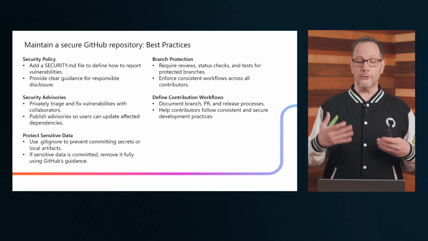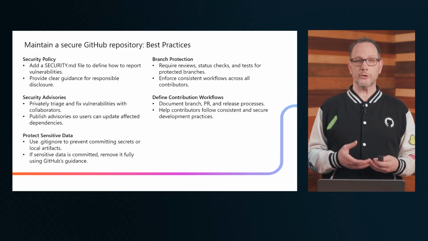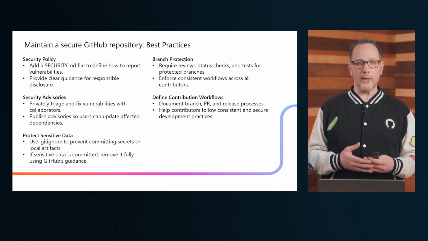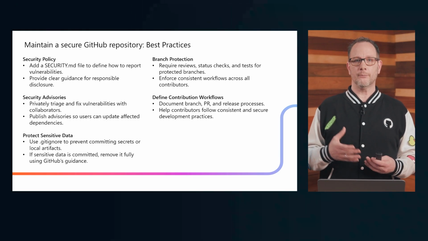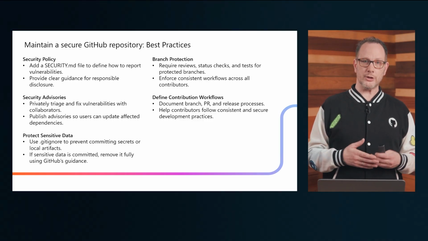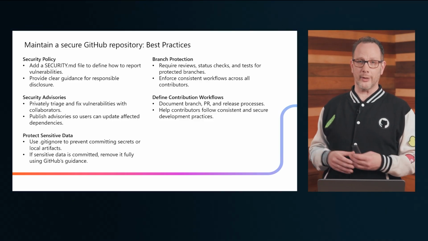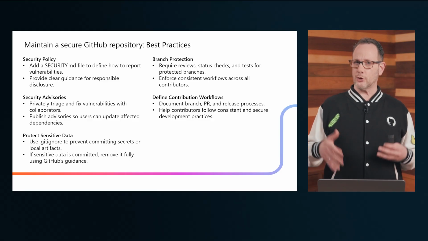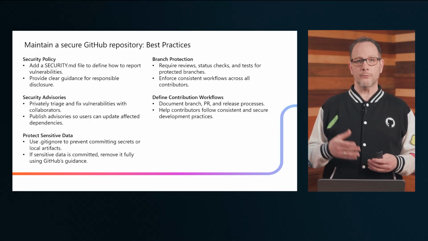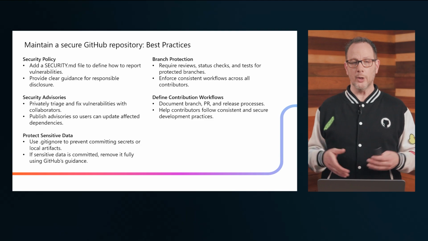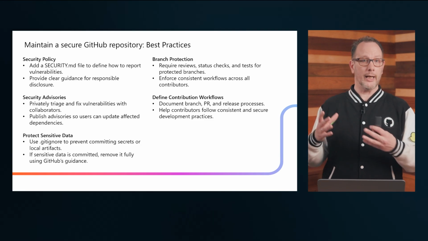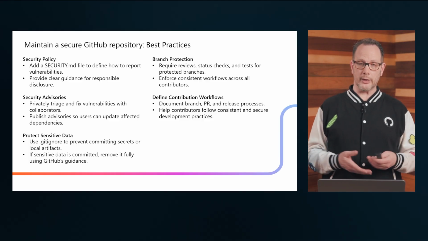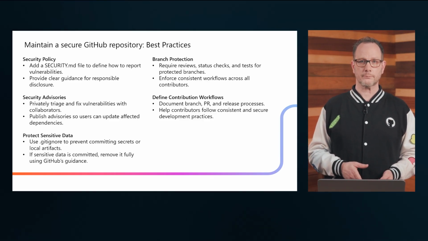On top of this, features like branch protection rules, mainly for requiring reviews, passing checks, or successful tests, ensure that only vetted changes make their way into critical branches. And as you learn how these pieces fit together, you'll see how they create a workflow that encourages consistency, accountability, and a culture of shared security responsibility.